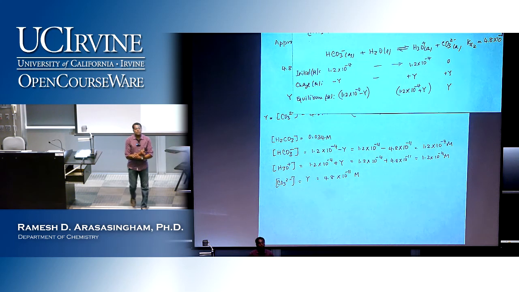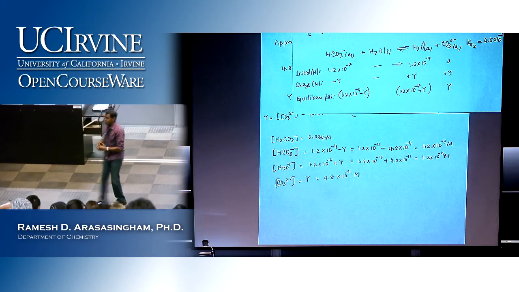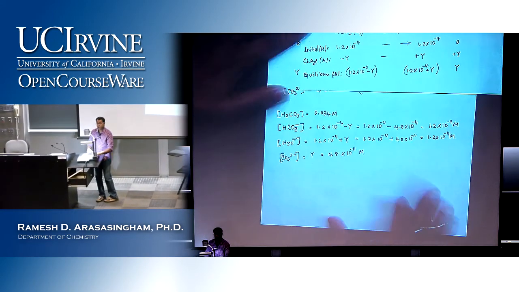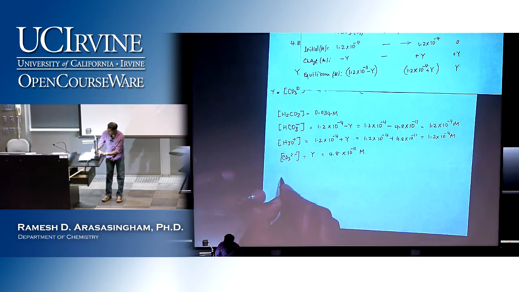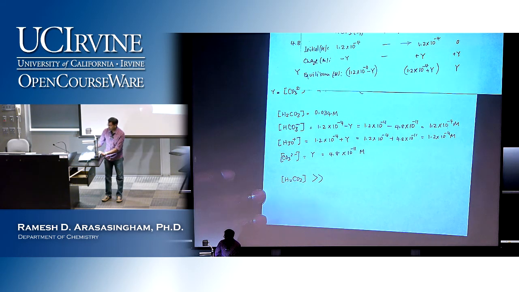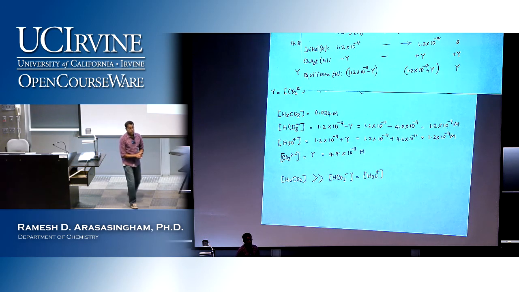So what we've done is we've calculated the concentrations of all of the species in that solution. And if I want to rank these concentrations, this would be H2CO3. The concentration of that is much larger than HCO3 minus. All right? And HCO3 minus and H3O plus are the same.